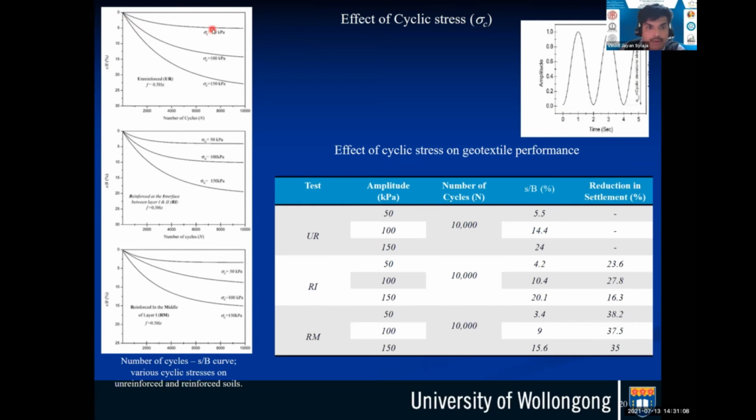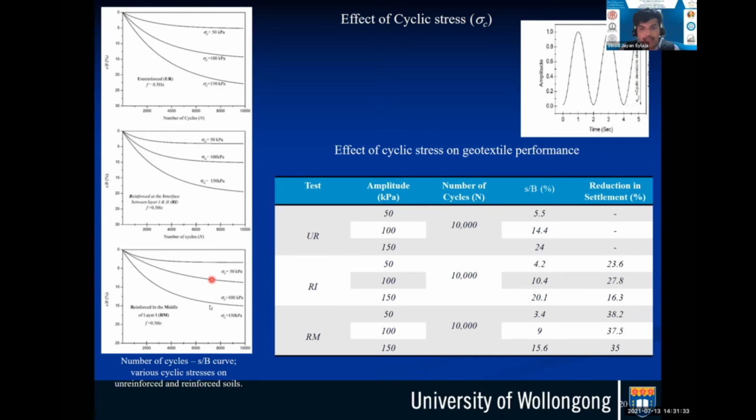You can see that with the increase in the cyclic stress, the settlement increases with the number of cycles. We ran this program up to 10,000 cycles, which took close to 3 days to run under these kinds of grid conditions. That's for the reinforcement at the interface and at the middle.